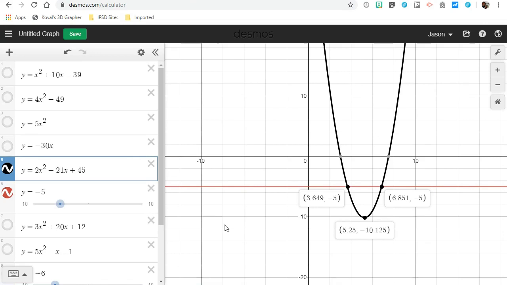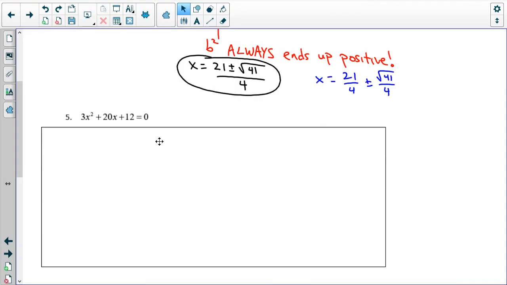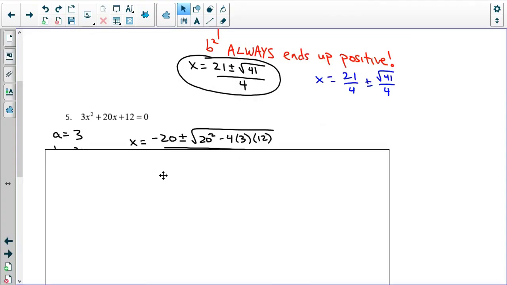Notice that 21 fourths is the same thing as 5.25. And then if I actually take 21 plus or minus root 41 all over 4, I get approximately 3.649 and 6.851.